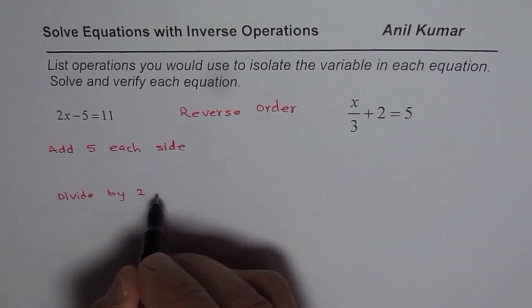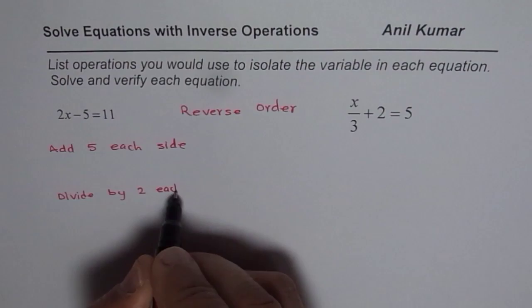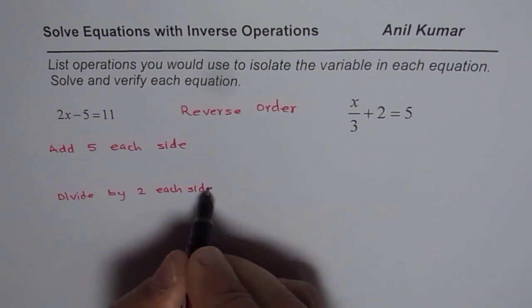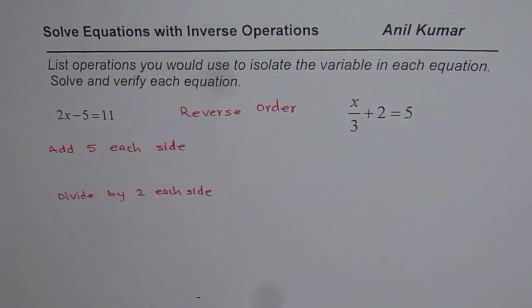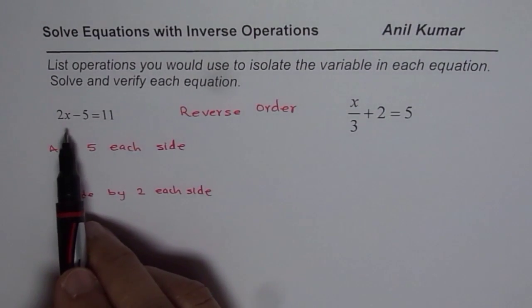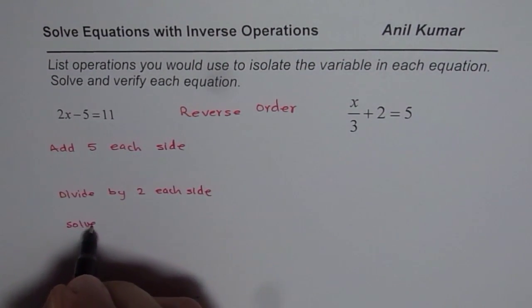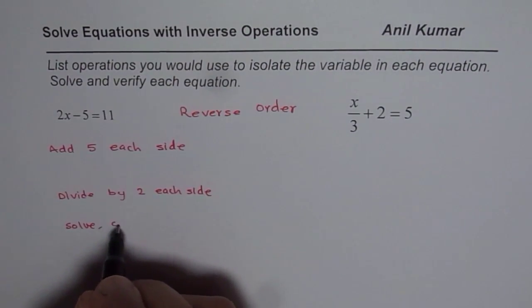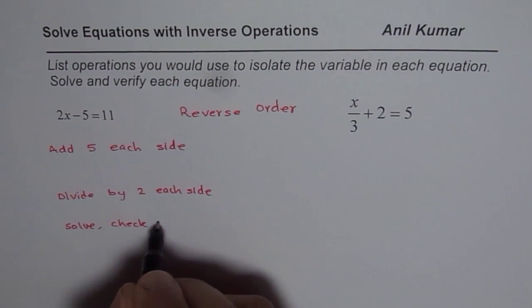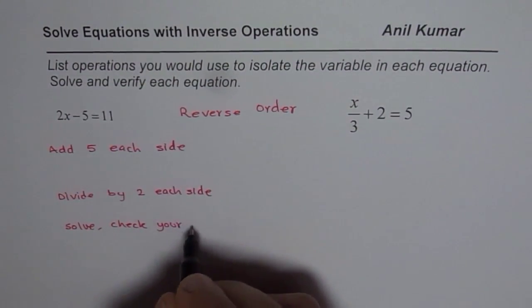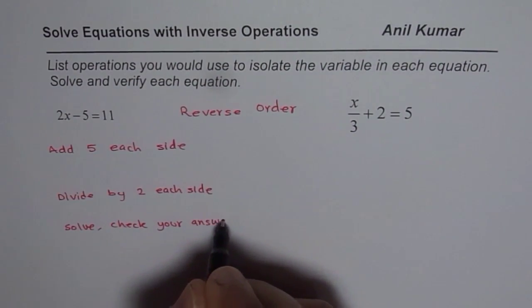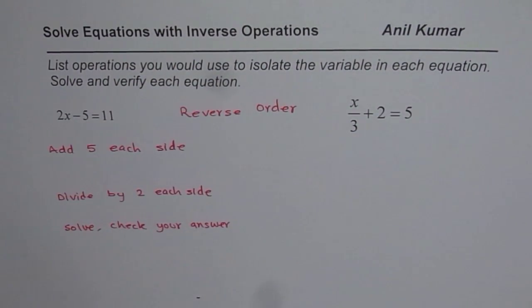So divide by 2 on each side. So these are the steps which will help us to isolate x. Once you do that, you may solve and check your answer. So we'll follow these steps to solve algebraic equations as given to us.